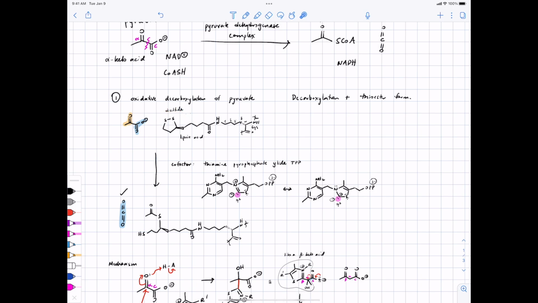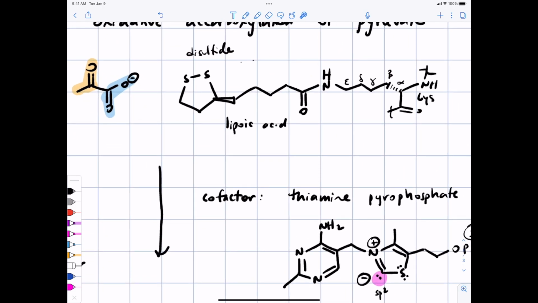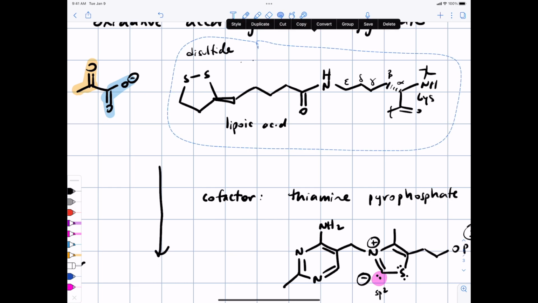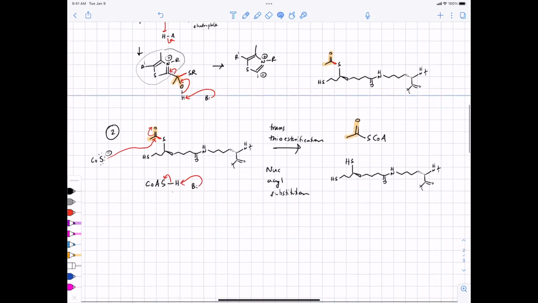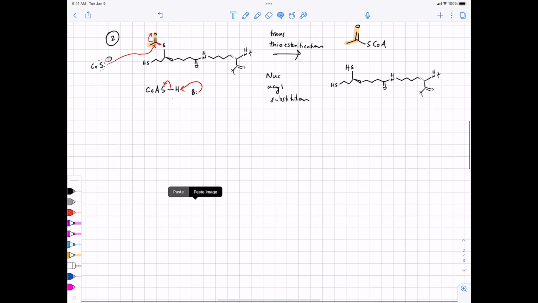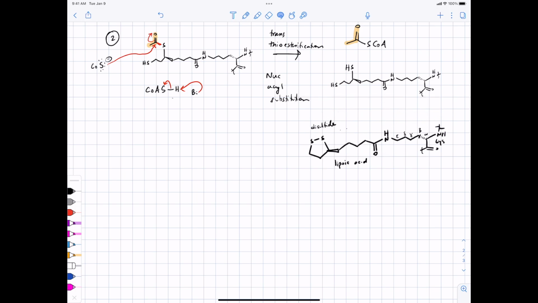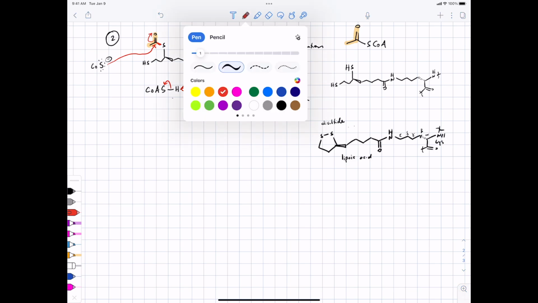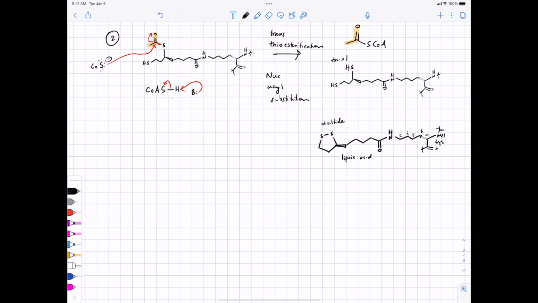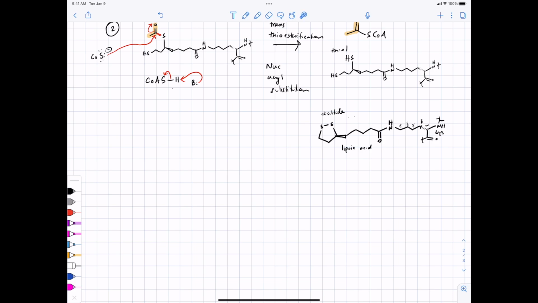The problem is if you compare the structures of lipoic acid here, you've got a disulfide, versus here, it's in its thiol form, right? So we need to reoxidize this thiol to the disulfide. And so that's step 3.